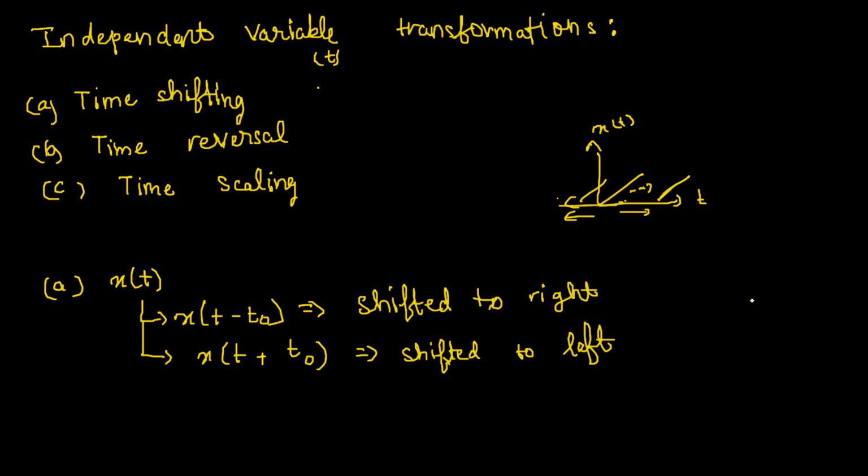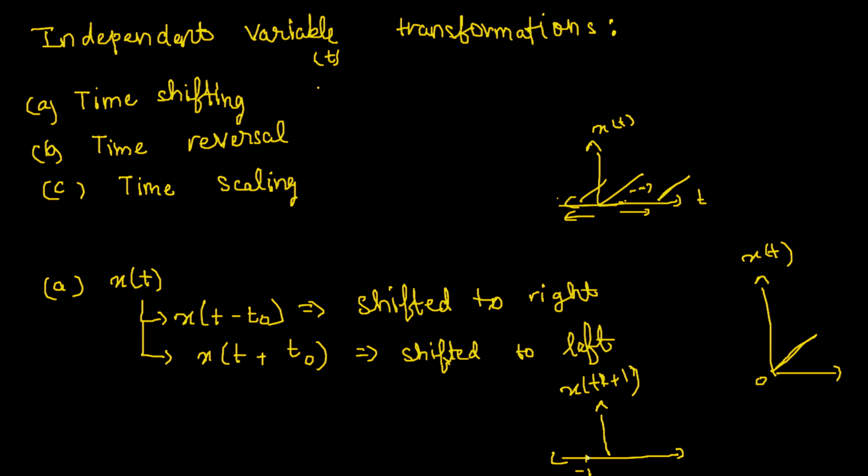For an example, let's say this is x of t. So x of t plus 1, we just shift this graph by 1 unit. Whatever was at 0 will be at -1 now. And then the graph remains the same.